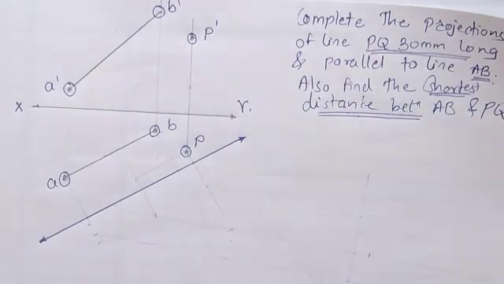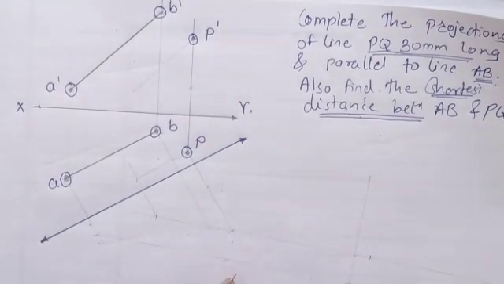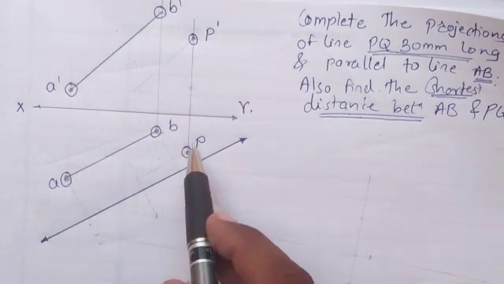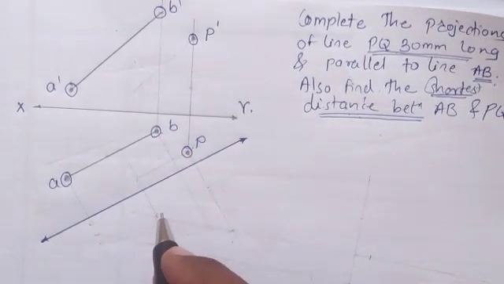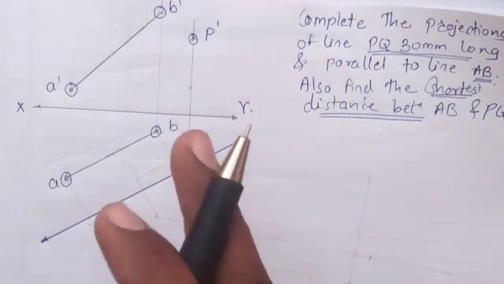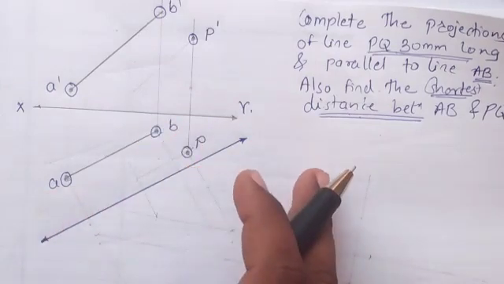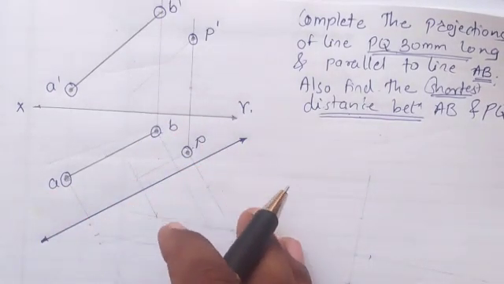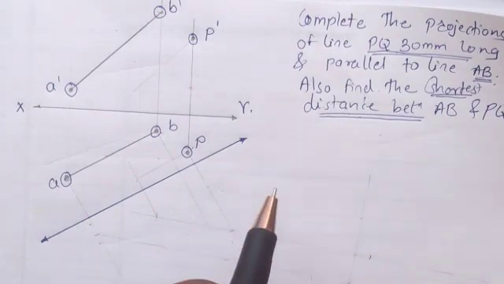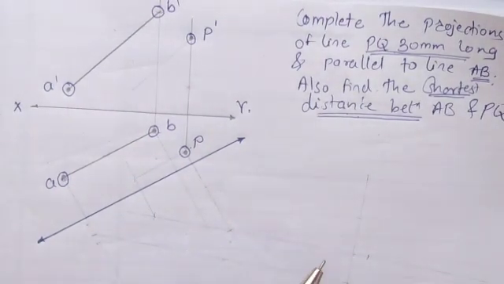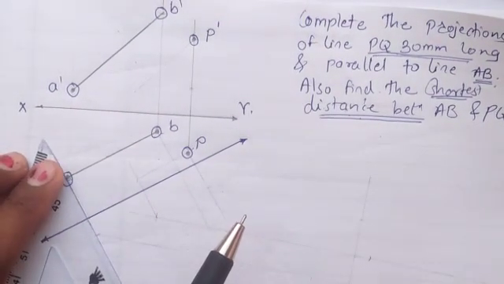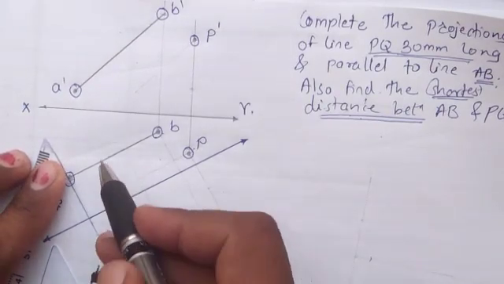Now construct the projectors of all these 3 points A, B and P. Projectors should be faint lines, but in order to get clarity in the video I am constructing dark lines, though you should take care that these lines are faint. The projector should be perpendicular to XY.